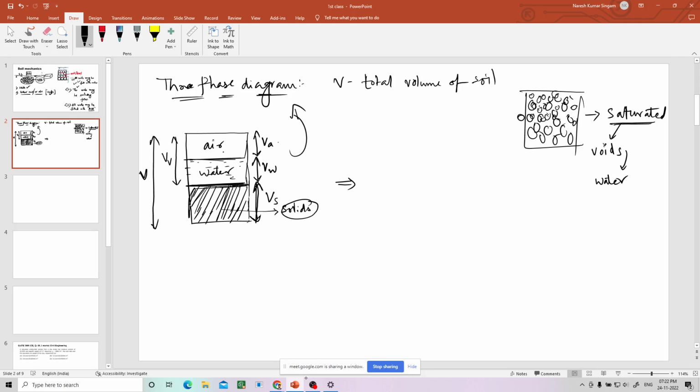If it is not completely filled and some air is left, that is called partially saturated. And if all the voids are filled with water, you can say fully saturated.